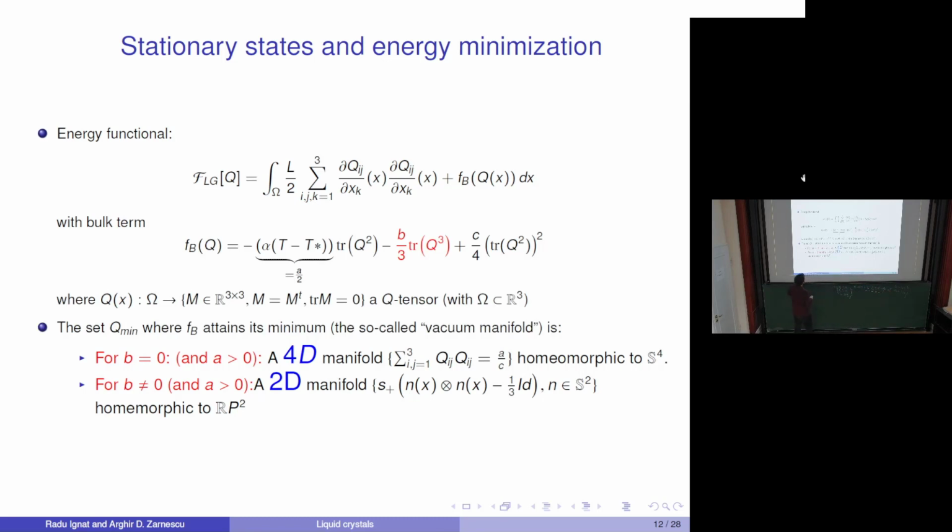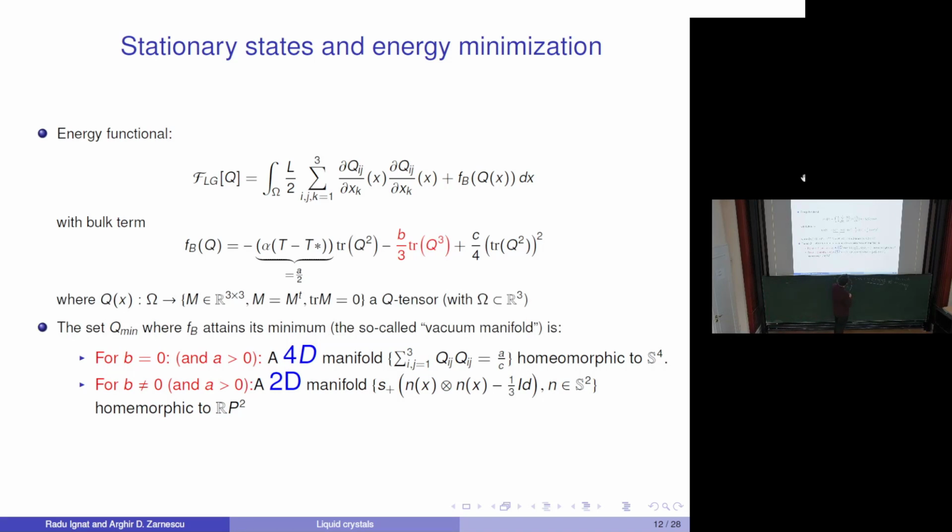It gets a bit more interesting when b is not 0. I was told yesterday that I was supposed to do some calculations at the board. So let me try to do that and convince you that for b non-zero, the minimizer is actually a 2-dimensional manifold, mainly made of matrices that can be written in this special format.